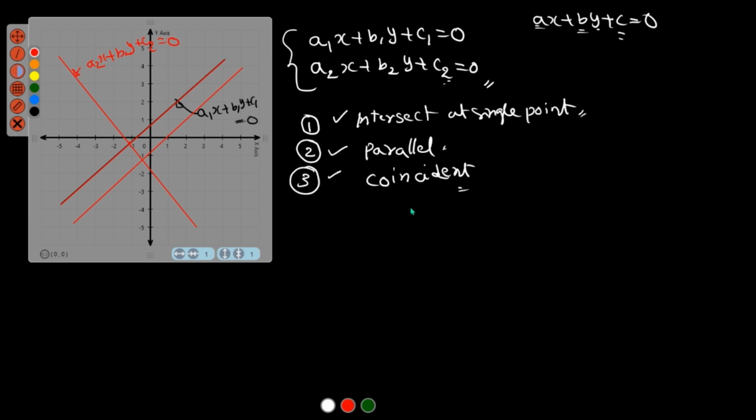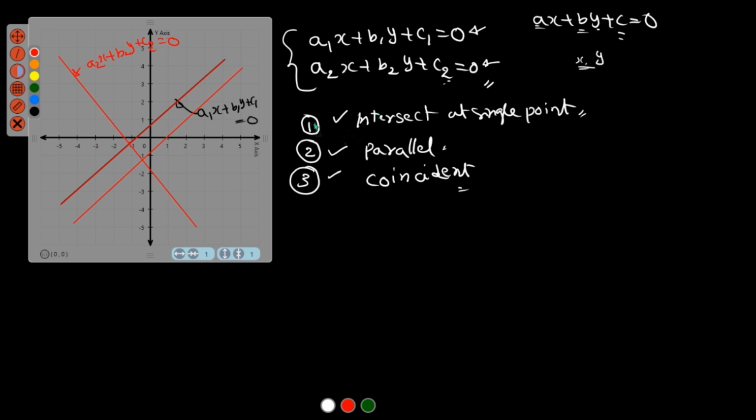Each line alone can have infinite solutions separately, but do we have any common solution? That means the same x and y values satisfy both equations.